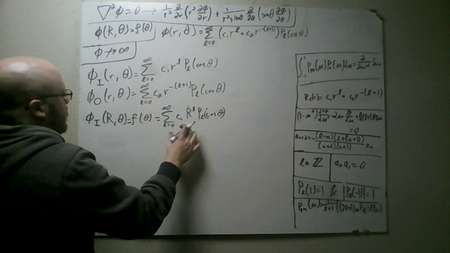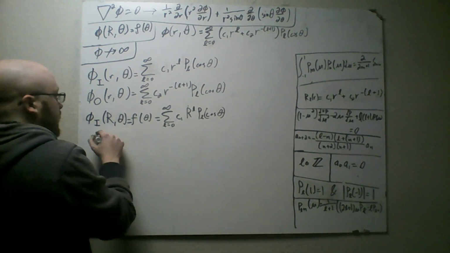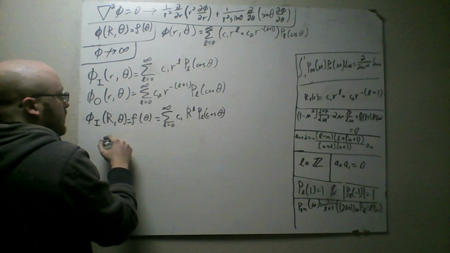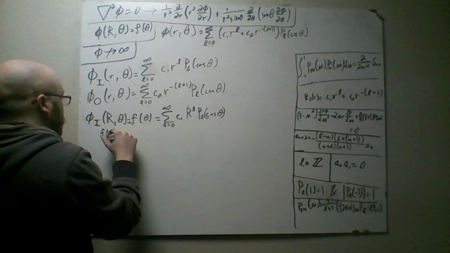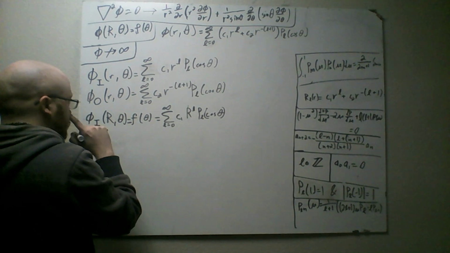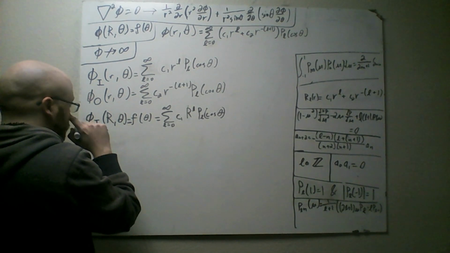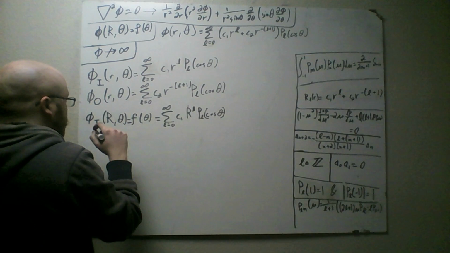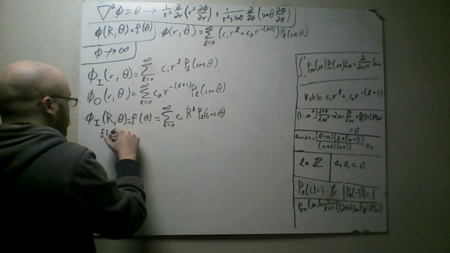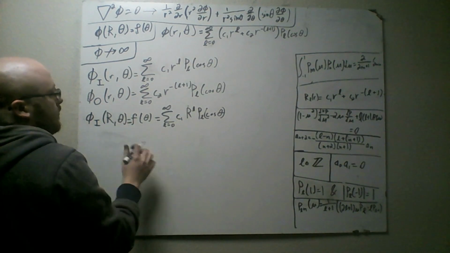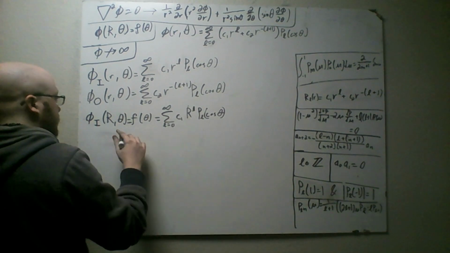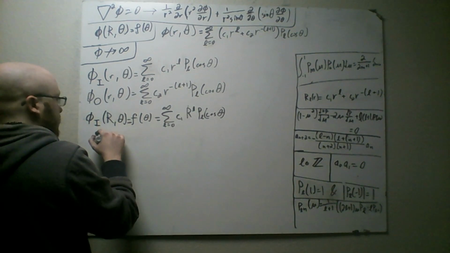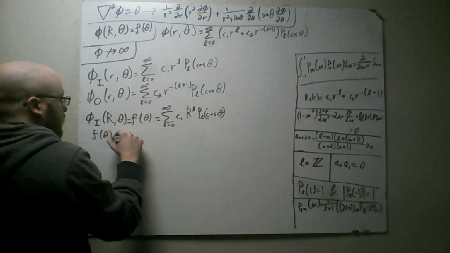So now I'm going to divide by R to the L, so I'll end up with, yeah, that makes sense. So I'm going to multiply both sides by PM cosine theta. I'll deal with other stuff later.